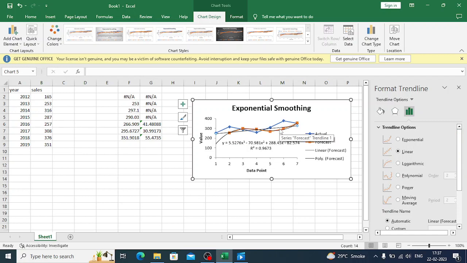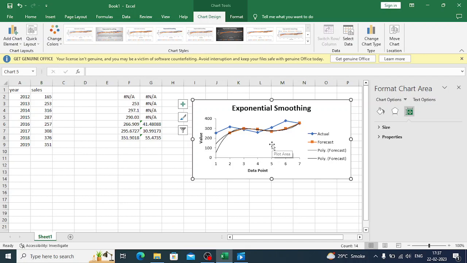Now for polynomial, we have order 2. Now go for order 3, which will fit that equation more closely. Again, display it on the chart.